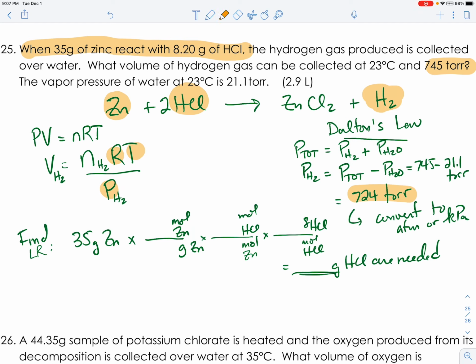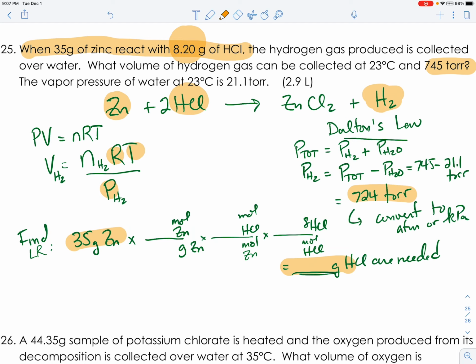Now, assuming you've done the calculation, you know how many grams of HCl are needed to react with your zinc. Compare that to how many grams of acid we have up above. We have 8.2 grams of the HCl. So suppose you needed 5 grams of HCl, well then you'd say we have 8.2, we have excess.